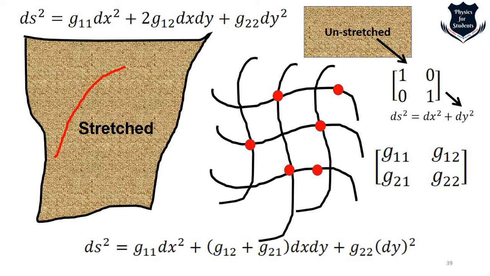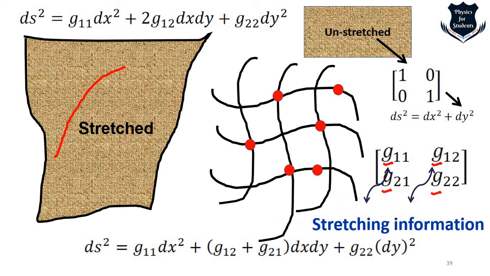But this G11 and G12, whatever these values are, will be containing the stretching information, right? So you get this point. This is the stretched information, the stretching information, while the unstretched portion is taken into the Cartesian coordinates, which is 0 1, and we have just derived that it carries the same value, which we really don't care about.